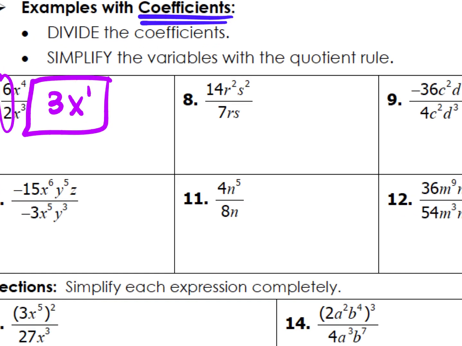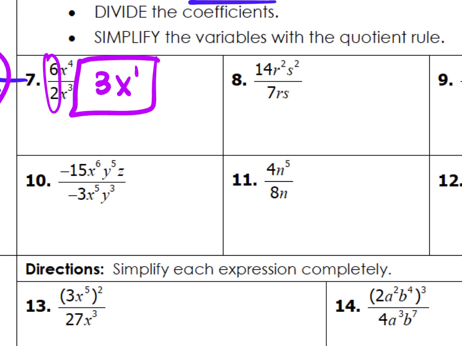So you do number 8. 14r squared s squared over 7rs. What is that going to become? Divide your numbers, subtract your exponents. You have r squared.